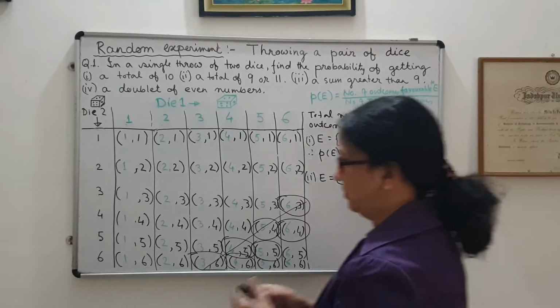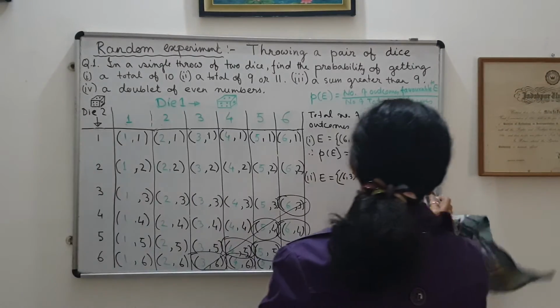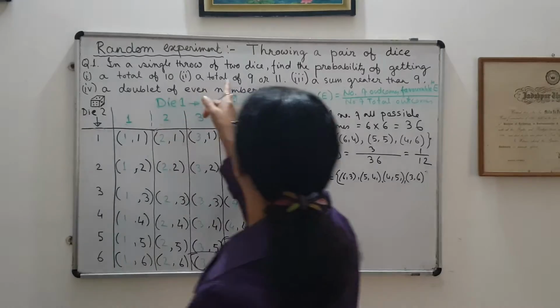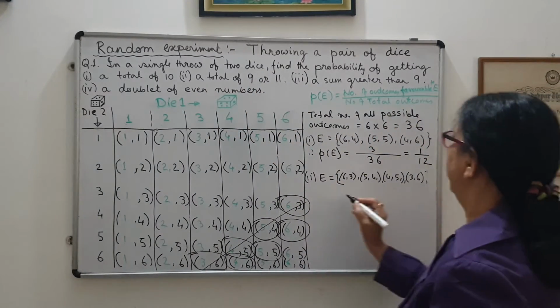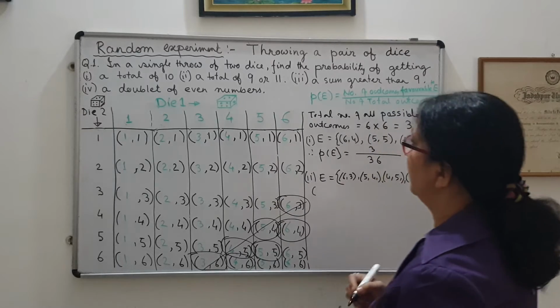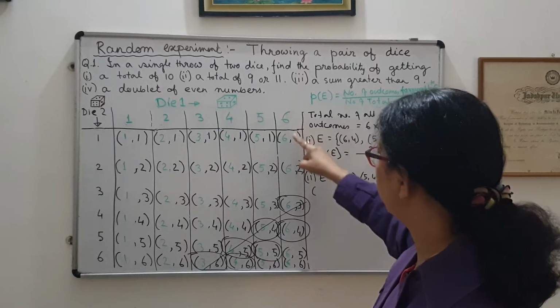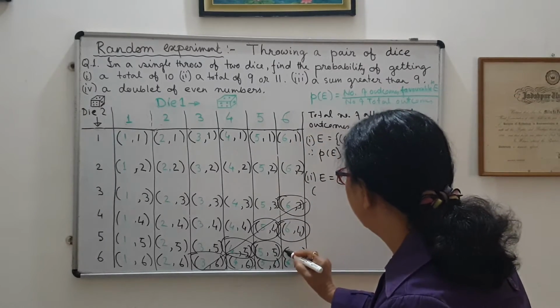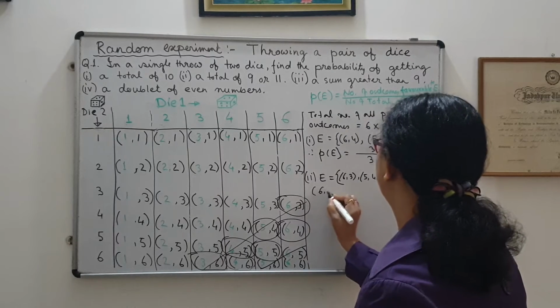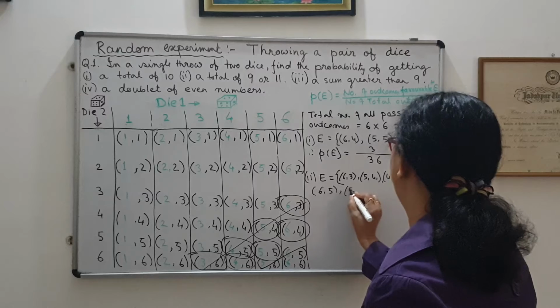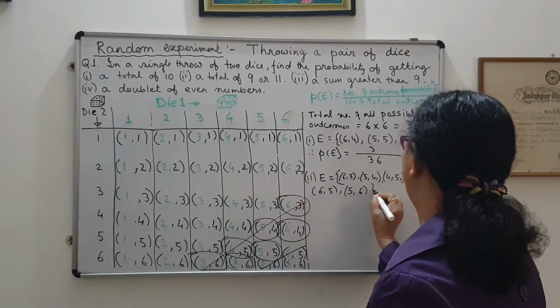Now I have to add the outcomes also, because it is 9 or 11. So I have to add the outcomes whose sum is 11. Sum 11 means 6 plus 5, that is this diagonal: (6, 5) and (5, 6).